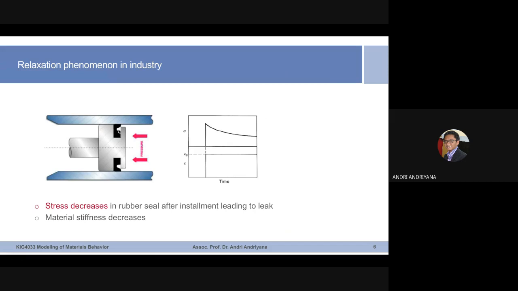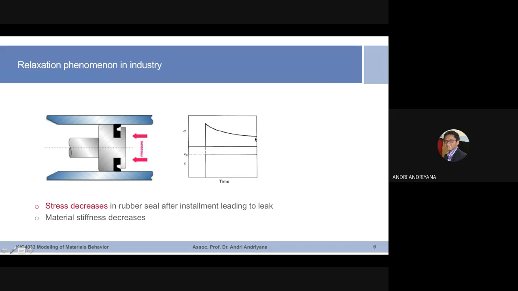If the seal was made of purely elastic materials, the fact that we deform it constantly will generate constant stress. However, if the sealing system is made of viscoelastic materials, even though we impose constant strain, as illustrated in the graph here, the resulting stress will decrease over time.